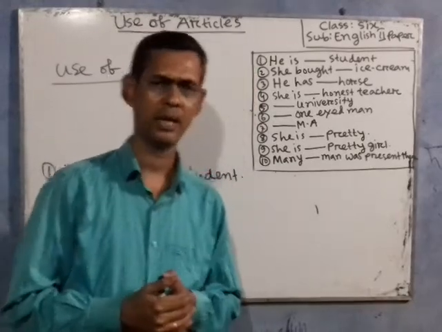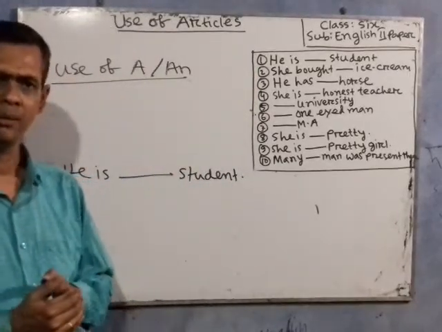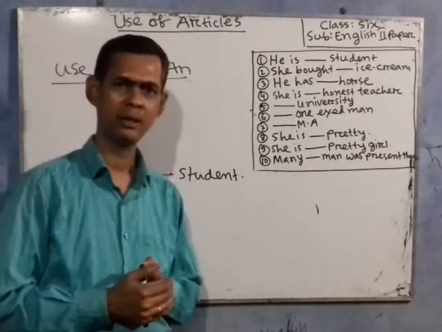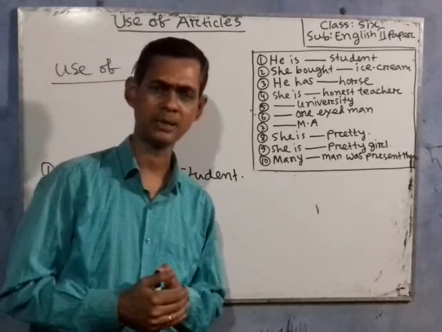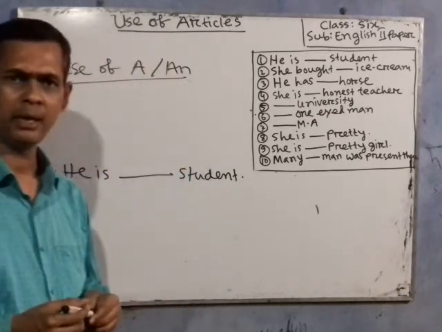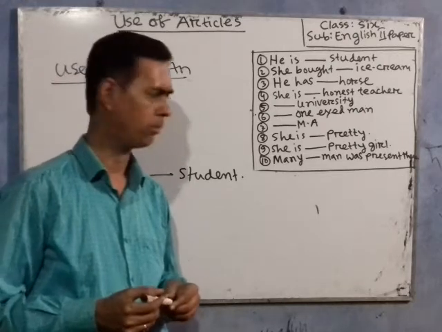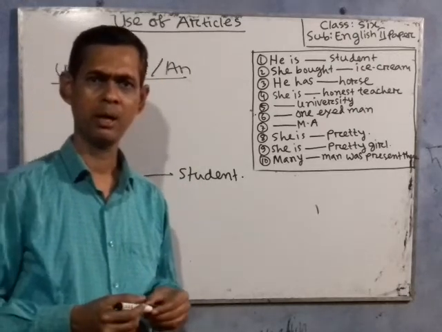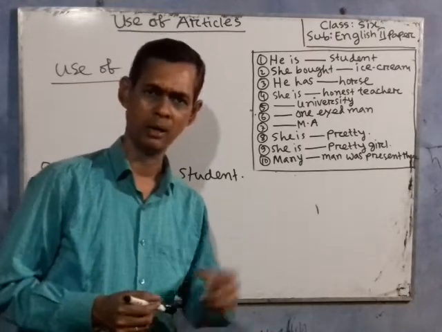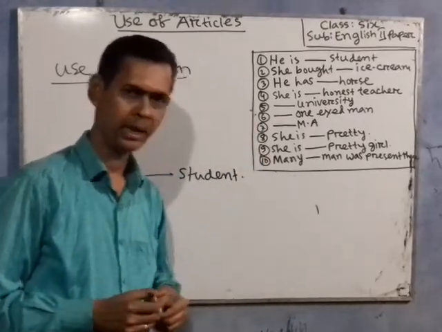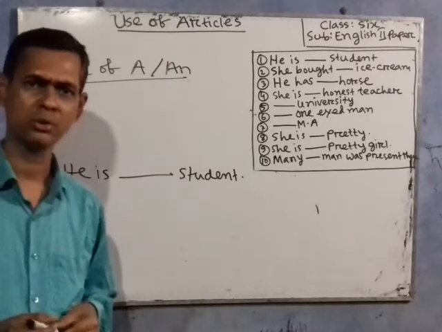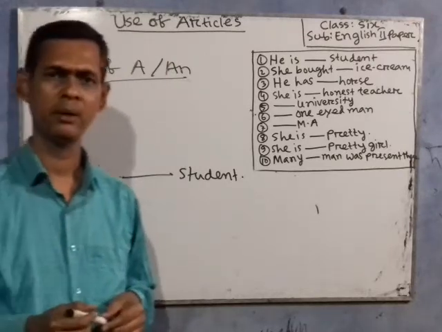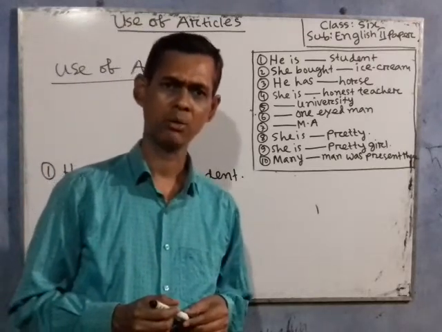There are 5 vowels: A, E, I, O, U. The rest, 21 letters, are called consonants.